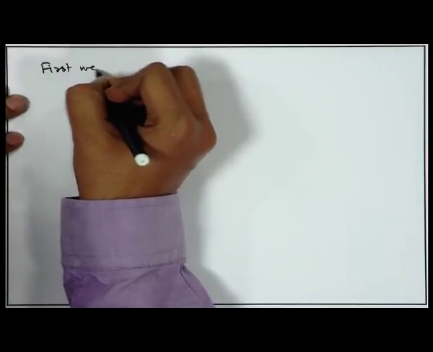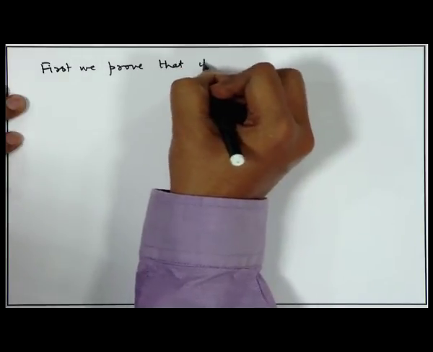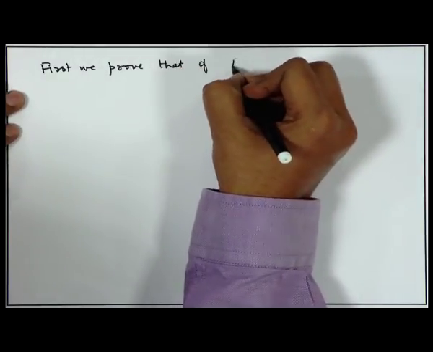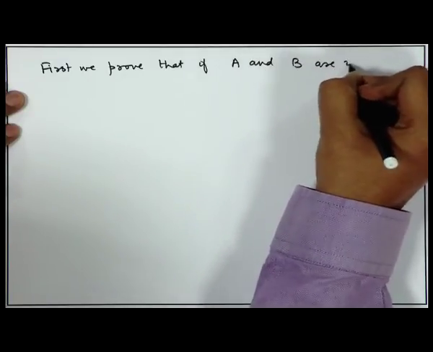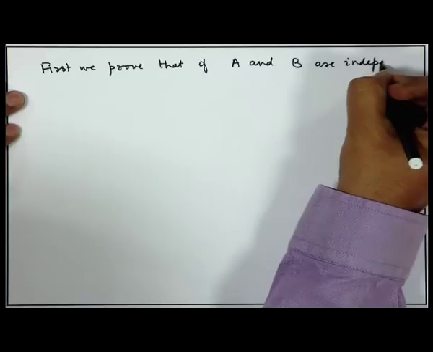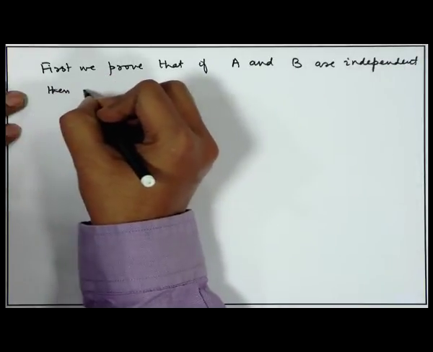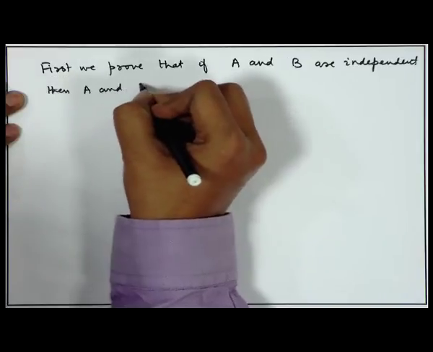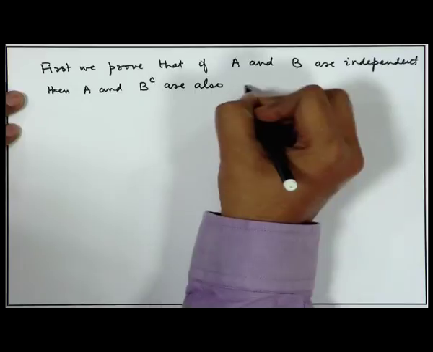First we prove that if A and B are independent, then A and B complement are also independent.